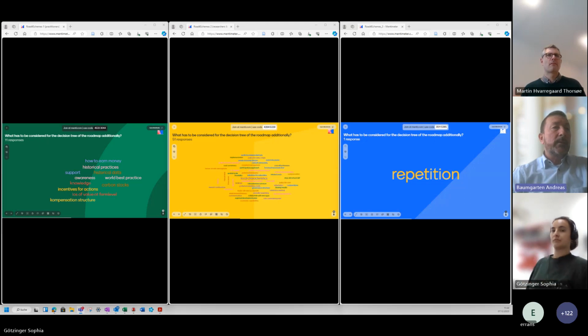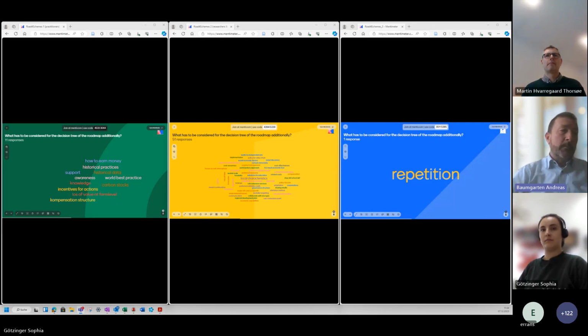Again, there is awareness and knowledge that should also be part of this decision tree. So like how to inform people or setting up some possibilities for raising this awareness.